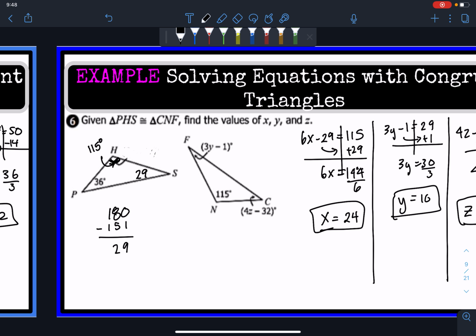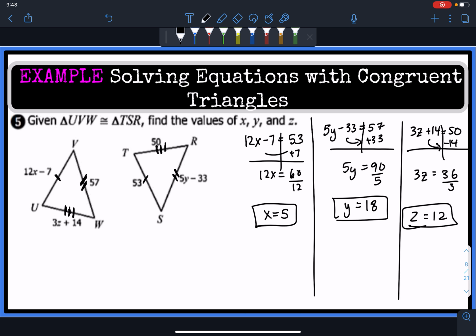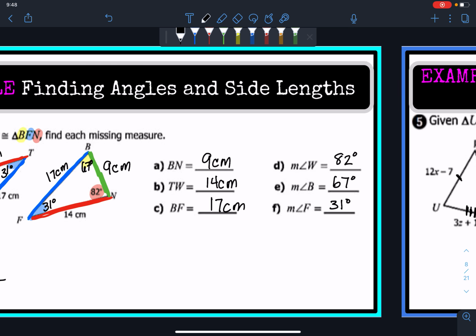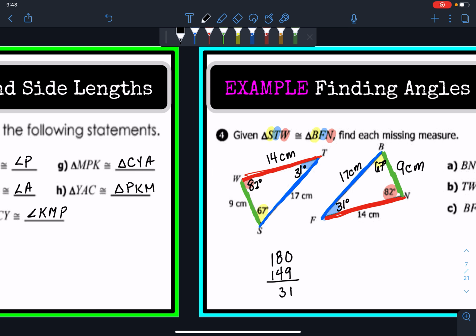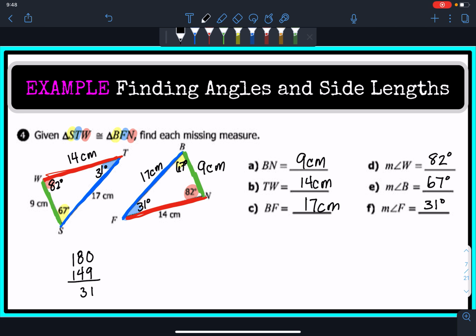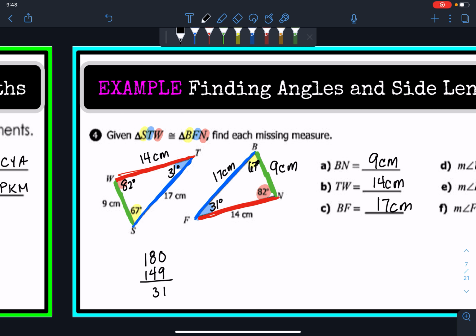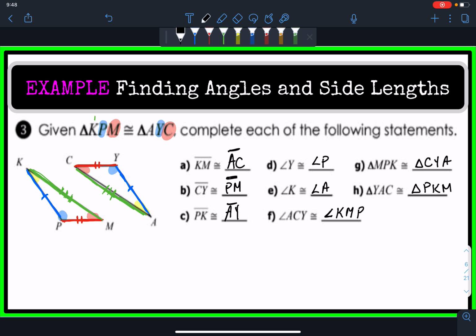So we're going to identify what the corresponding parts are so we can set them equal to each other, have them be congruent, and we end up setting up an equation, solving for my variables, or like we did in these first examples and examples 3 and 4, figuring out what the angle measurements are, or figuring out what side is going to be congruent to the other triangle.